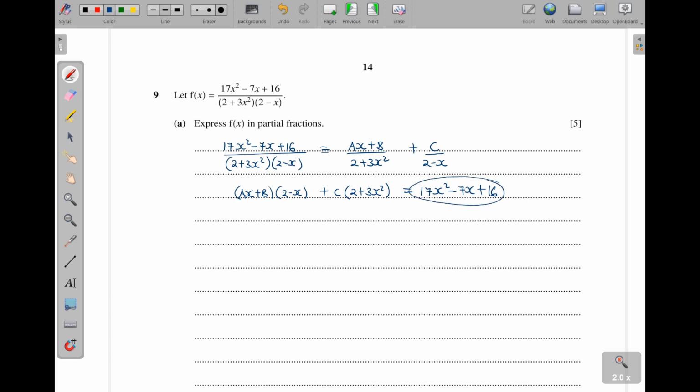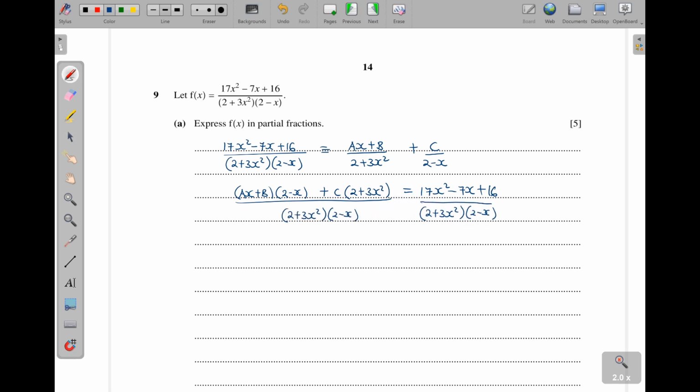Why are we just equating to this one? It is because this one here is the LCM, okay? So this LCM is over the whole of this. So I can write it like this. And also, it is the same denominator that is on this one, what we are given there.